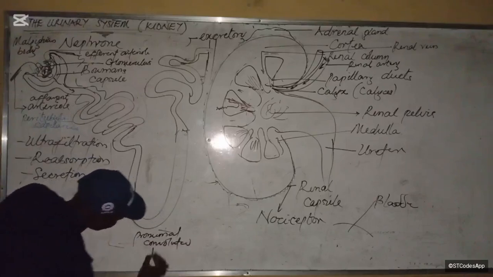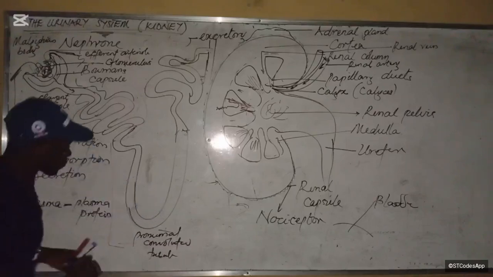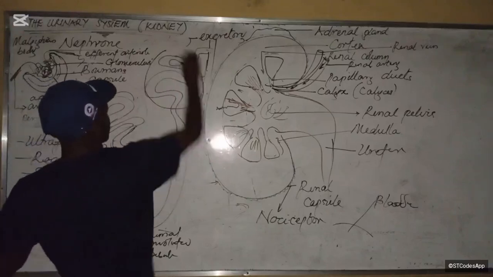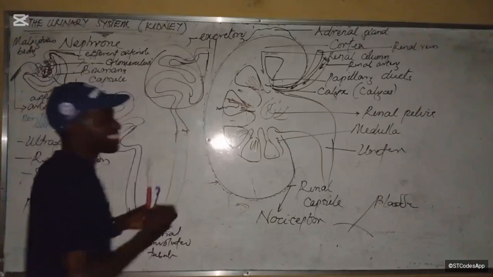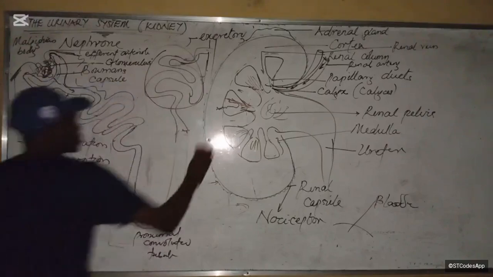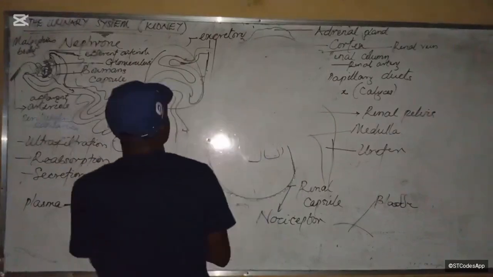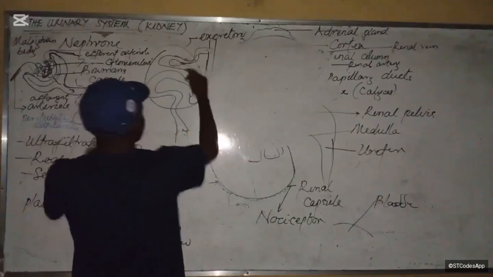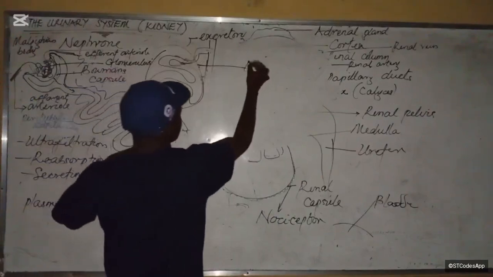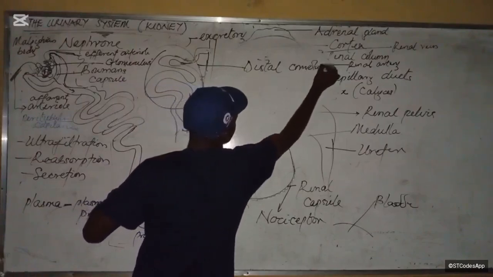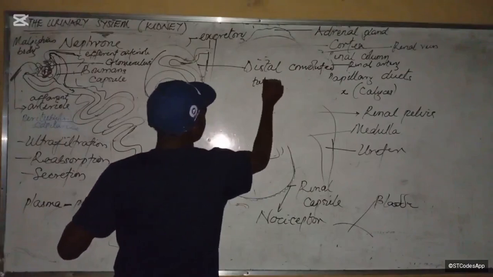So if one is proximal, that is close to this side, then there's one that is far away from it. So that is called the distal convoluted tubule. So we call this portion, this whole convolution, the distal convoluted tubule.